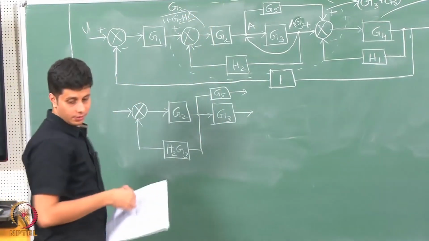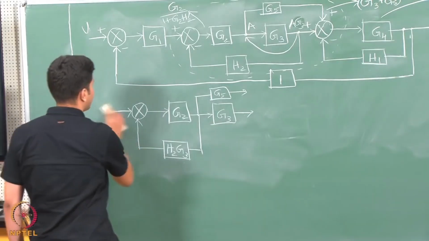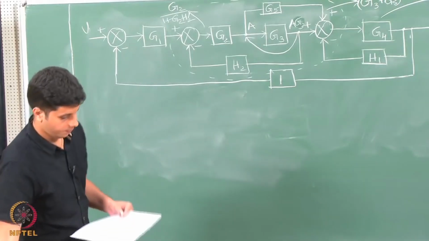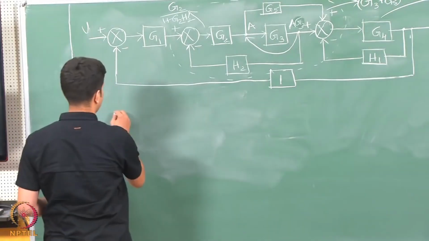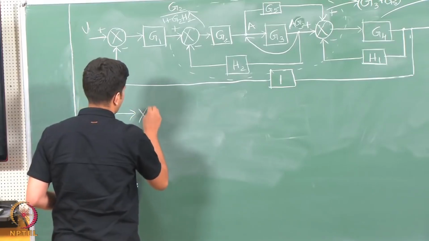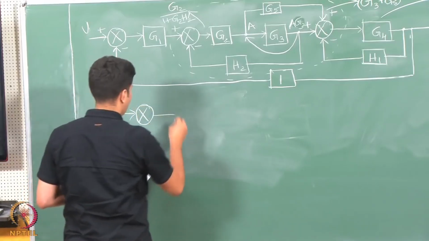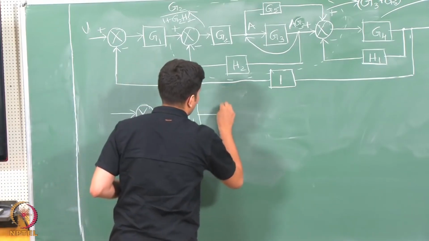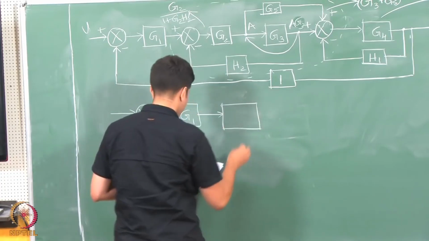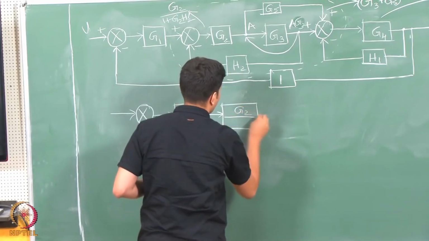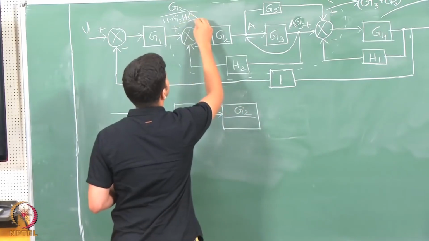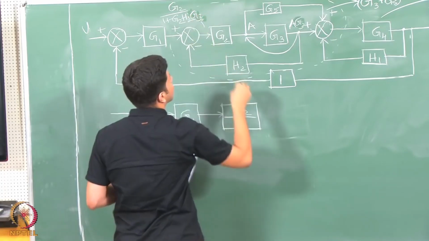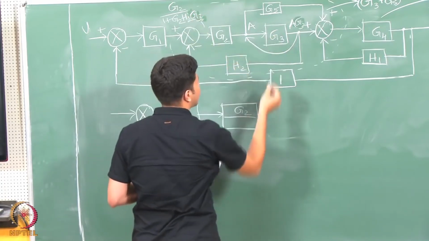Now once I do this, I can redraw my whole block diagram in a much simpler fashion, which is looking like this. So this will be G2 and G3 as H2 and G3, because this G3 got multiplied here when we shifted this point.